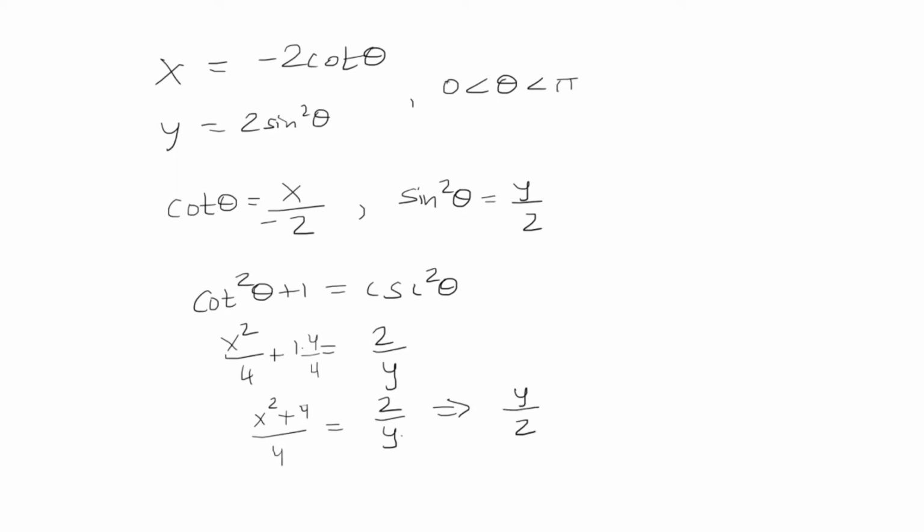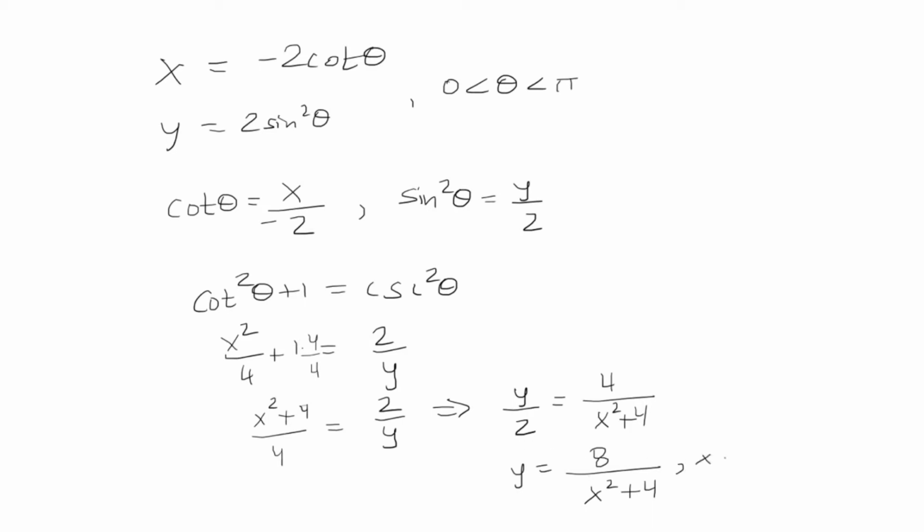If I flip 2 over y, it becomes y over 2. Flip x squared plus 4 over 4 becomes 4 over x squared plus 4. And now I could just solve for y by multiplying both sides by 2. So this is my equation now in terms of x and y.